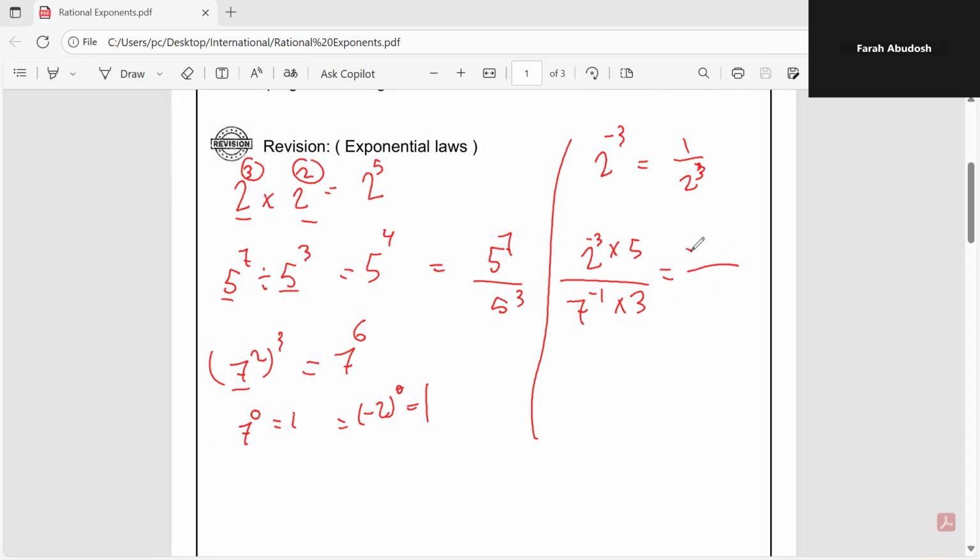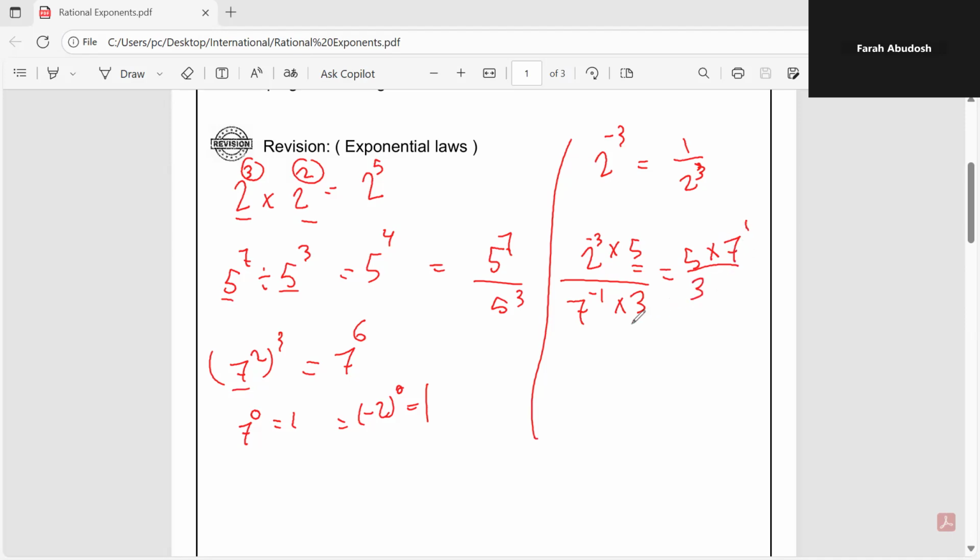Negative powers mean we have to change the position of the number. If it is in the numerator, we should put it down in the denominator, or if it is in the denominator, we have to raise it up to the numerator. So we have here 5 times what do we have from here? It should be positive 7 to the power 1.